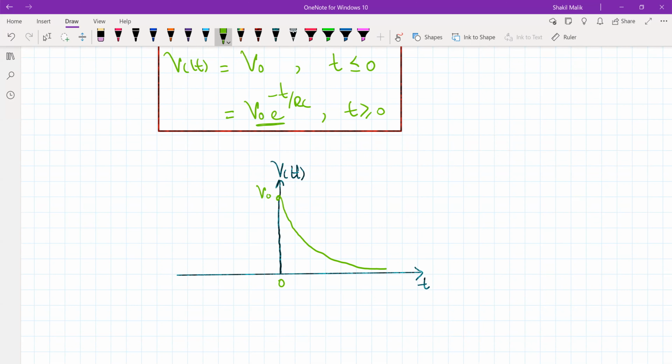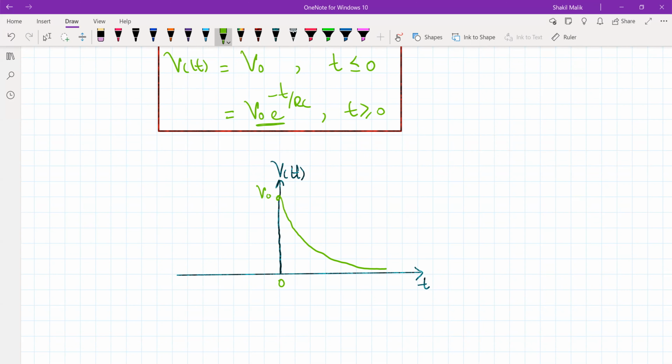If you use some values, for example R is 1, C is 1, you'll see the capacitor voltage decreases as t increases. And at t equal to infinity, the capacitor voltage will be equal to 0, meaning it will be fully discharged.